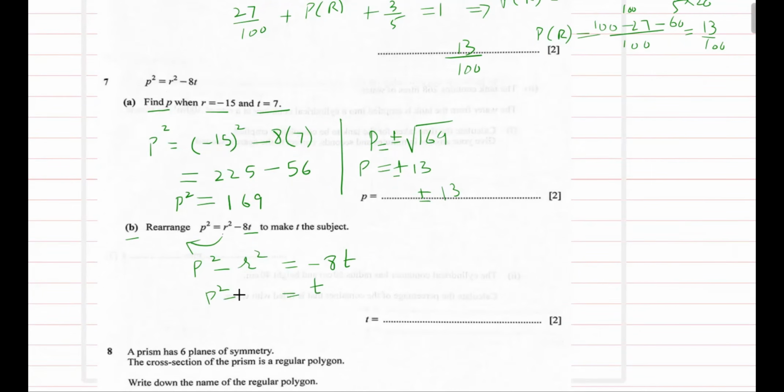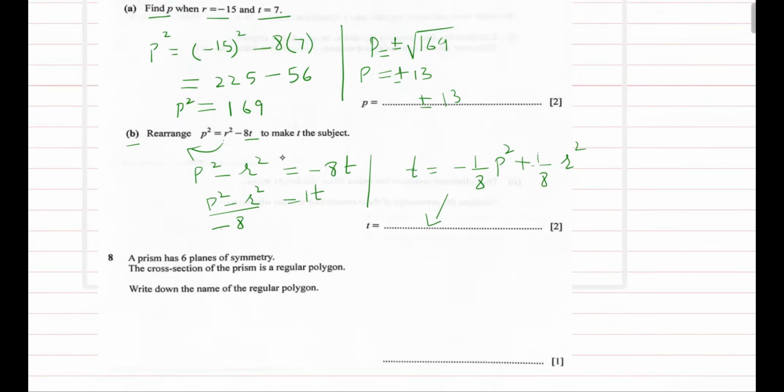Therefore, t would be equal to minus 1/8 p square plus 1/8 r square. And this is the value of t.